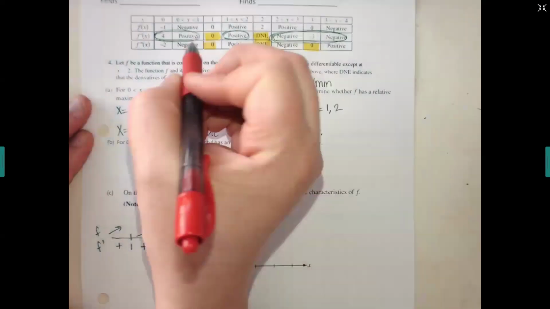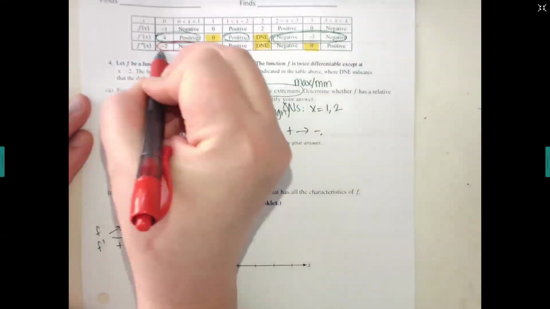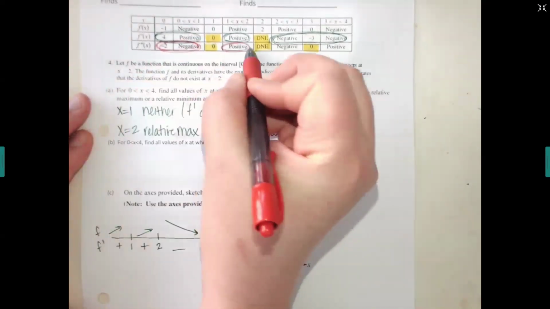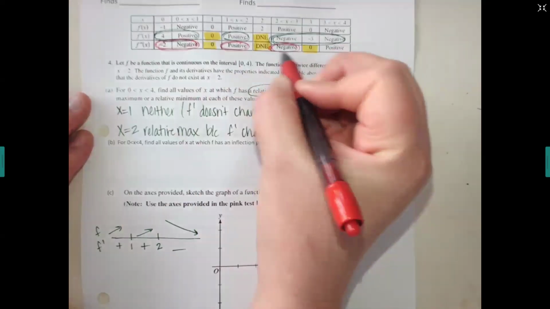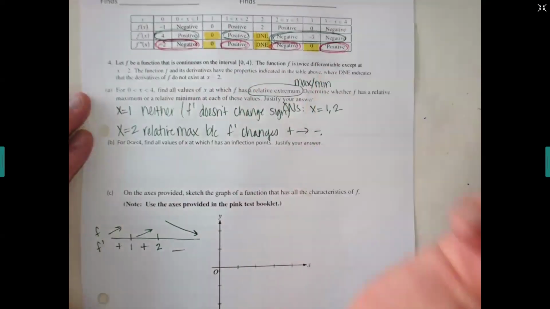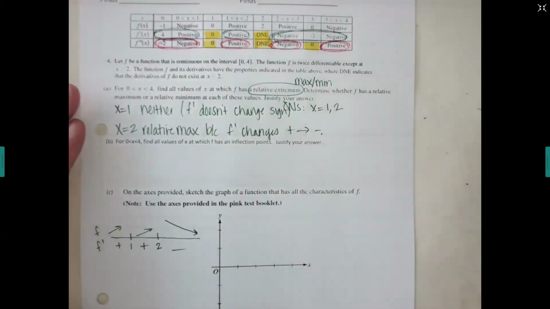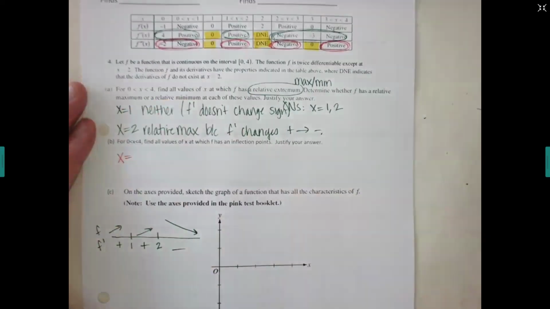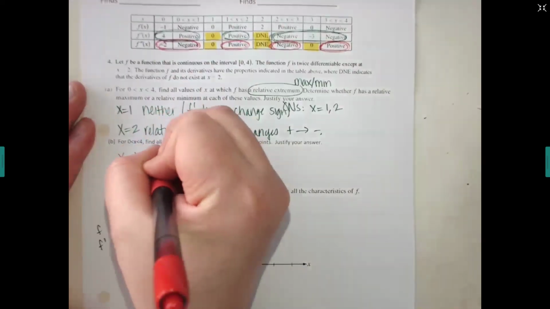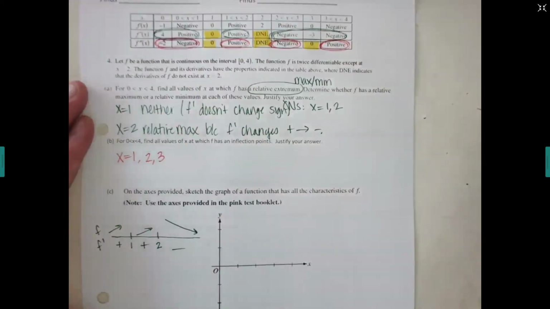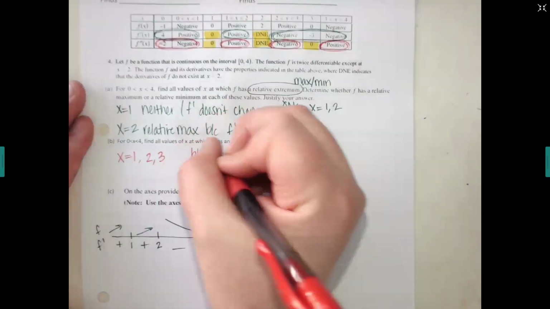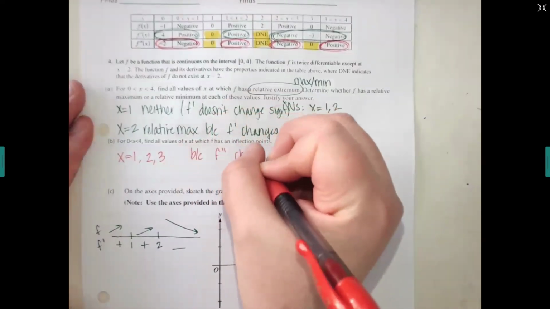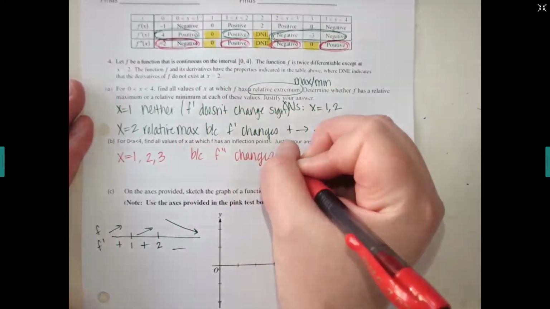So if I look here, I went from negatives to positives, then negatives to positives. Did they all have sign changes? Yes. So I'm just going to list them out. X equals 1, 2, and 3. And then I'm going to put because F double prime changes sign.